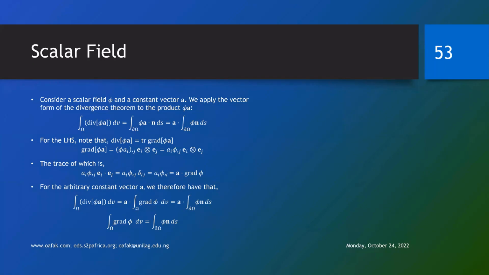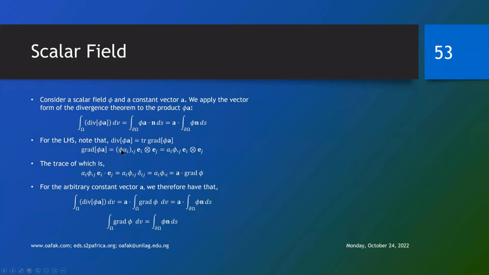Now, what about the left-hand side? If you take grad, you have to remember the comma operator. You have (phi A_i),j e_i circle times e_j. We did a lot of this last lecture. You remember that the comma is now the differentiation of a product.